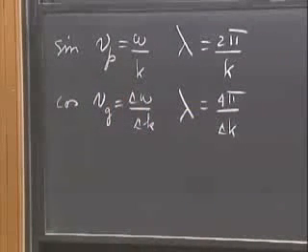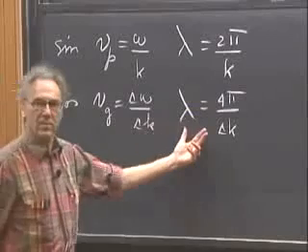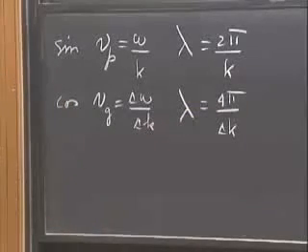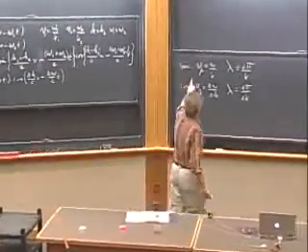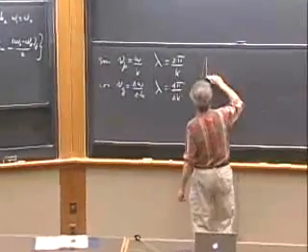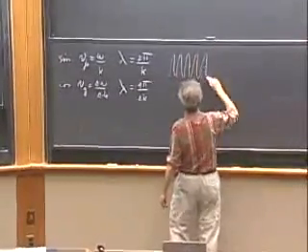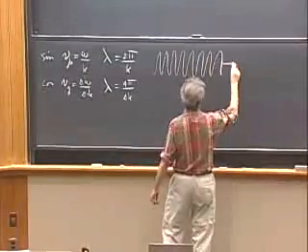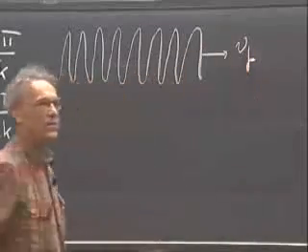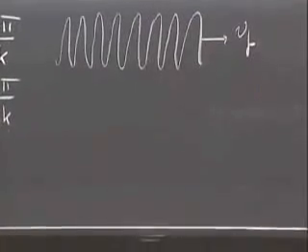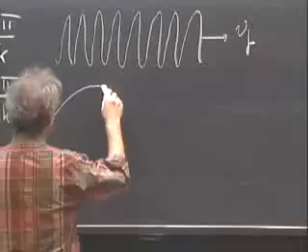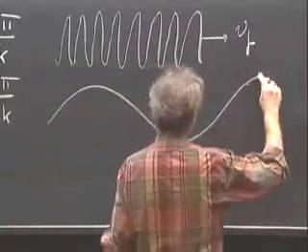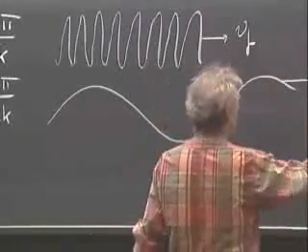And if delta k is very small, then this wavelength, the repetition of the cosine, is way longer than the wavelength of the sine curve. If I make a plot of the sine curve, you would see this. And that moves with the phase velocity, say, in the positive direction. If I make a plot of the cosine, that would be like this. And that would move with the group velocity.